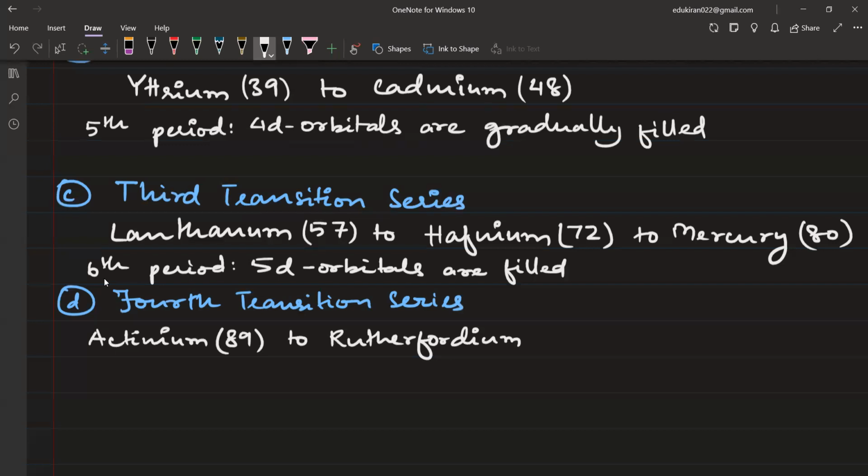In between, we have the f block elements, and for Rutherfordium, the atomic number becomes 104, to Copernicium. And for Copernicium, the Z is equal to 112.